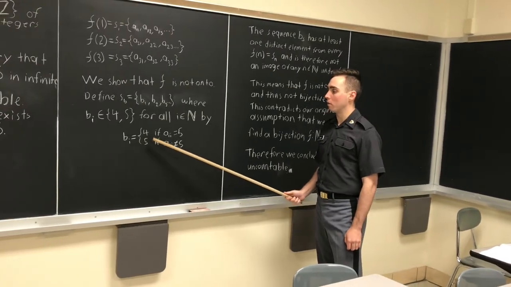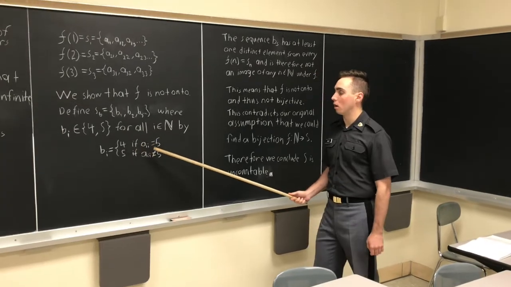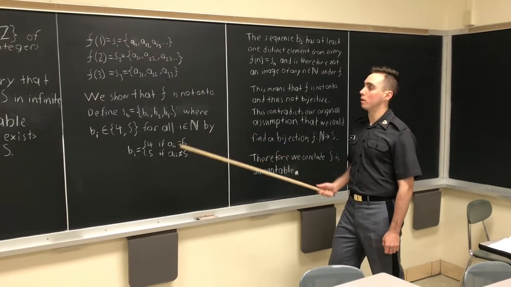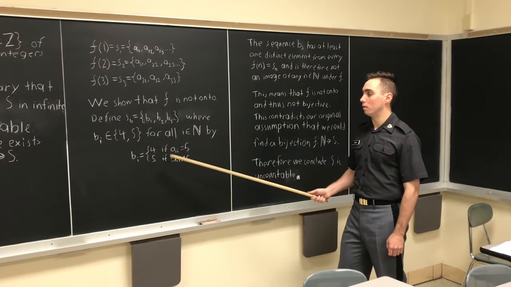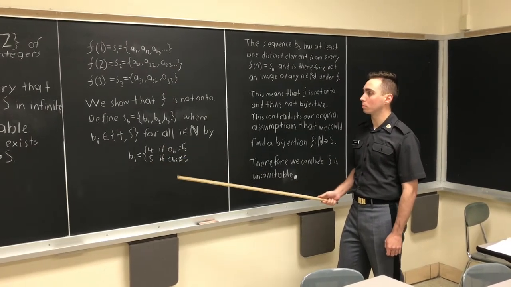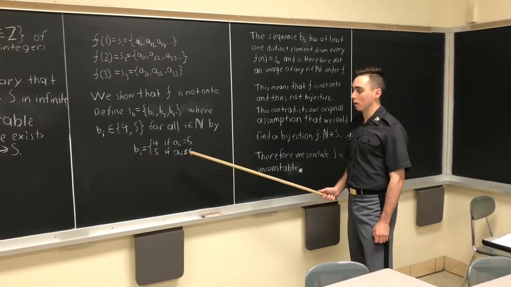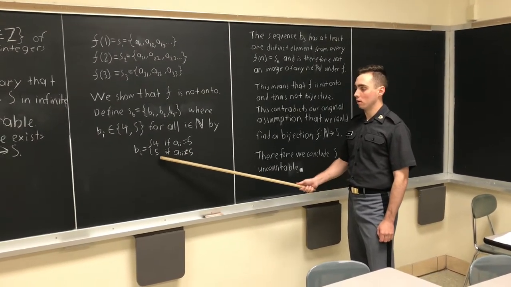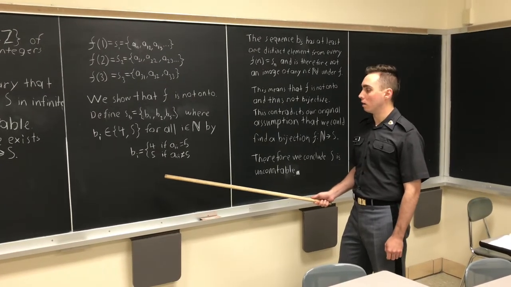So basically, if the element at the 1,1 position in f of 1 is a 5, then b1 will be a 4. And if that element is not a 5, then the corresponding b for that position will be a 5.